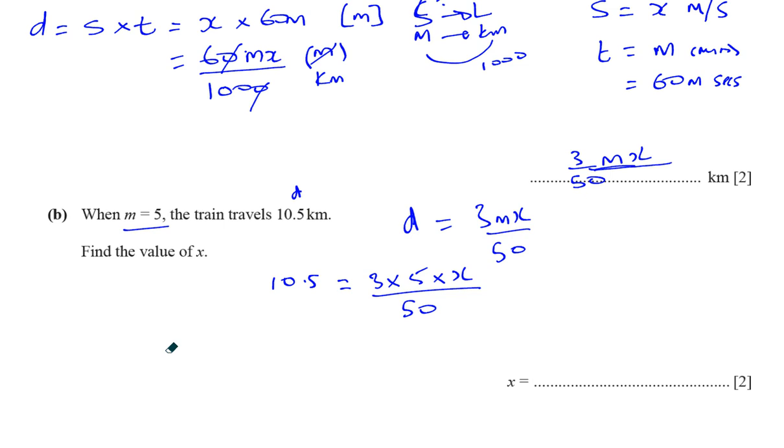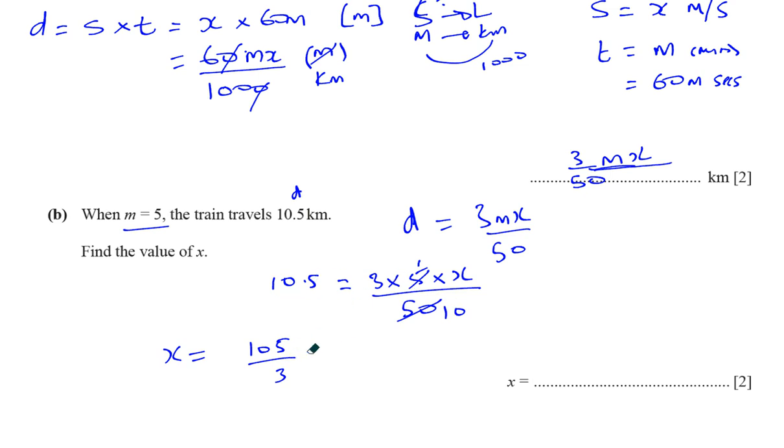Okay, so you end up with x equals, you can multiply both sides by, in fact we can do this first, makes life a bit easier, that gives you 10. Okay, so that's 5 and 50 cancel out to give you 1 and 10. So that's 10 times 10.5, which is 105 over 3. 10 multiplies 105 and 3 divide both sides by 3.